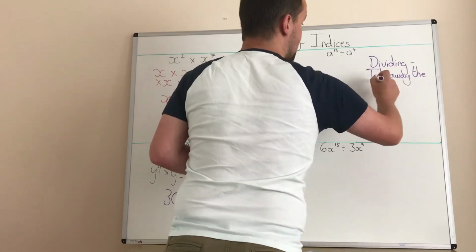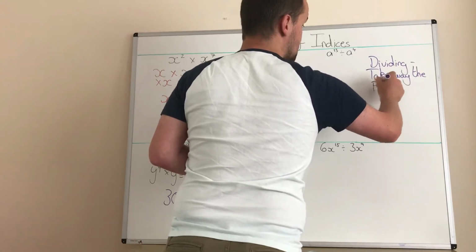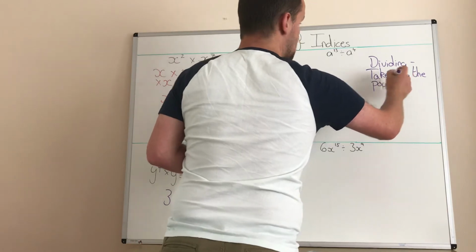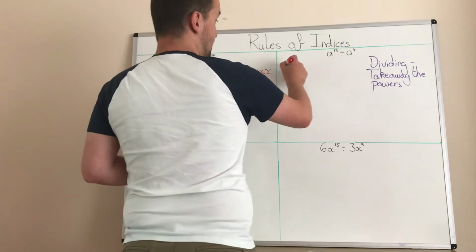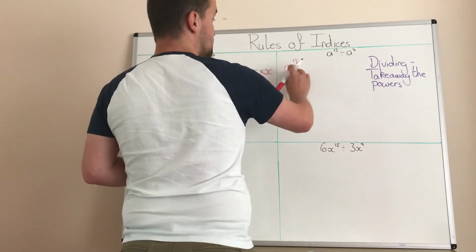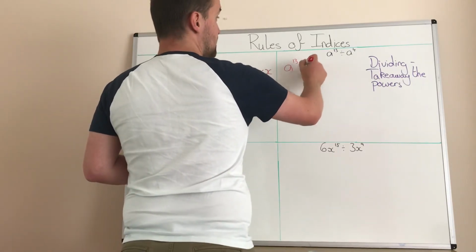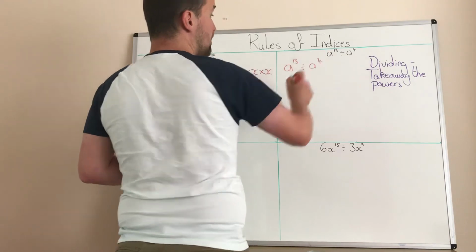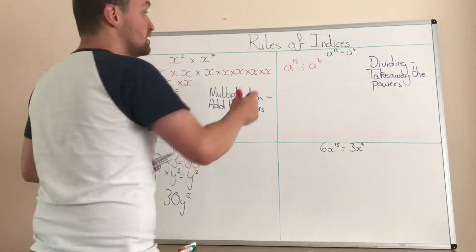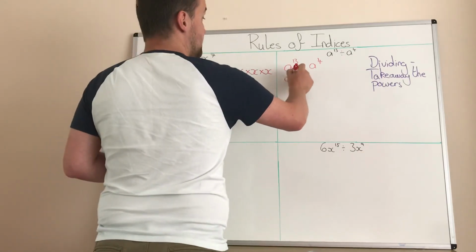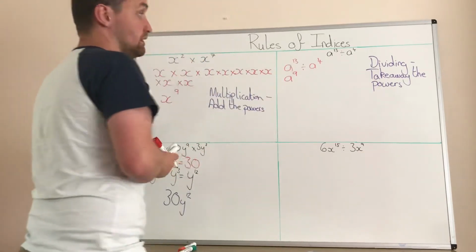Take away, subtract. So if you've got a to the 13 divided by a to the 4, what is 13 take away 4? It's 9. So our answer is a to the power of 9.